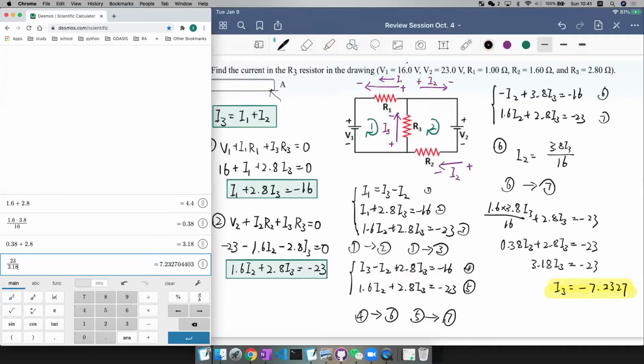So I3 is not from downside to upside. It is actually from upside to downside. Are we having the same answer? If you guys have your answer, just let me know. Okay, I will wait.